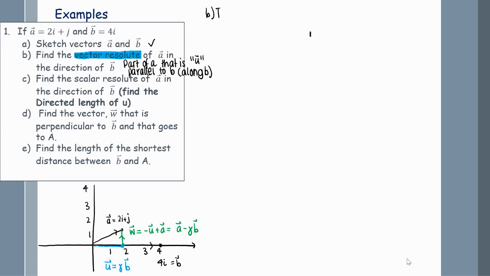So we have to find out what vector U is, and we start by actually finding out what gamma is first. Once we know gamma, we can easily find U. We use the equation that B dotted with W is equal to 0. This is because B and W are at right angles.